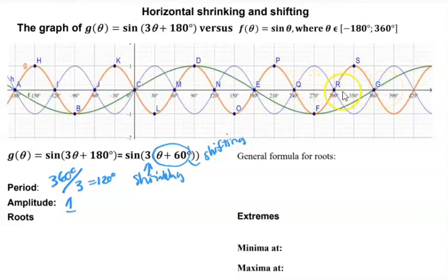So the roots where we had previously theta, the roots are here. Let us just write some of them down. So it's at I, J, C, M, dot, dot, dot.